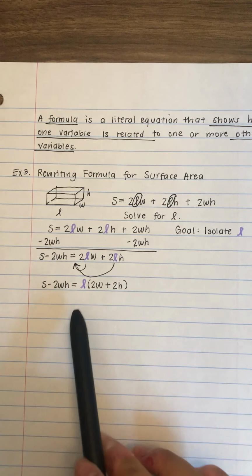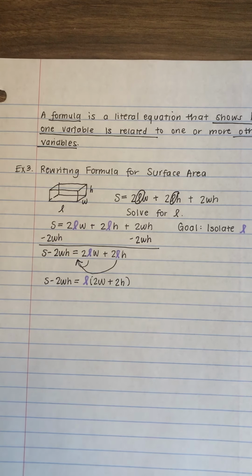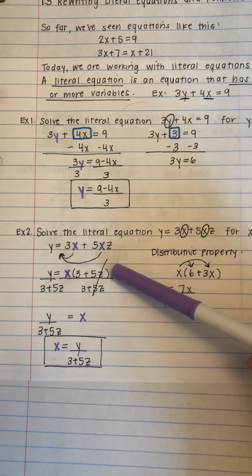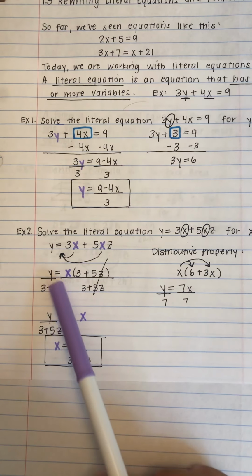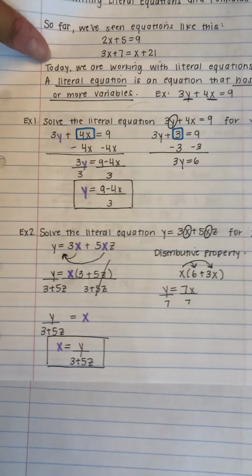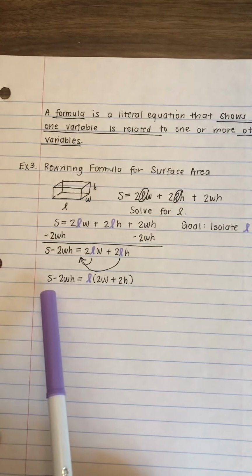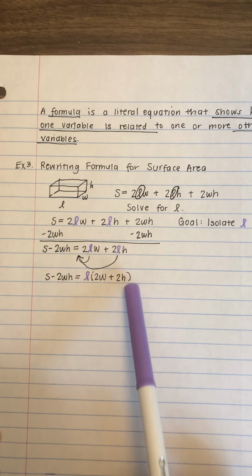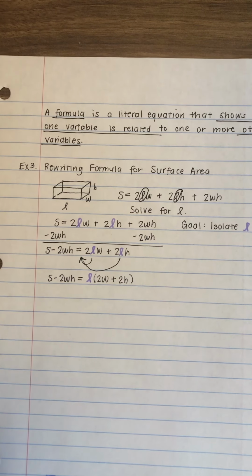Perfect. Now that we have pulled out this L, remember it is very similar to our example number 2. In our example number 2, we had y equals x times 3 plus 5z. So that's very similar here where we have S minus 2WH equals L times the quantity 2W plus 2H.